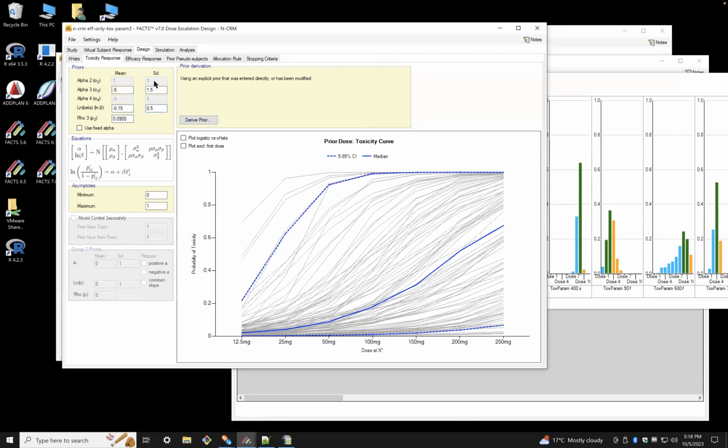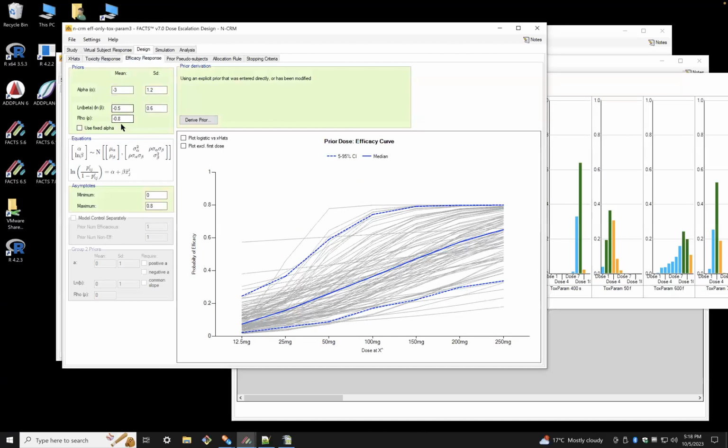The most important thing in the prior is to make sure you've got the right amount of variability in the expected slope. And then a similar thing for the efficacy, although you can see here there's quite a bit more information in the efficacy prior. As you can see, a type 1 error would be huge. The prior is definitely saying we haven't got a flat efficacy.